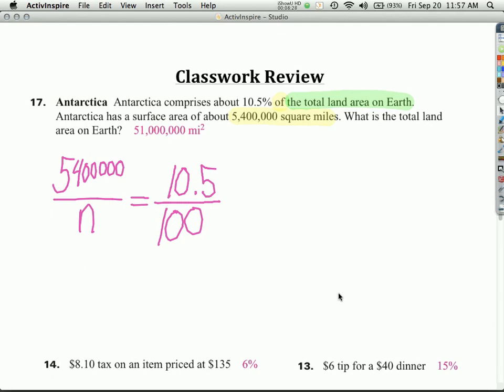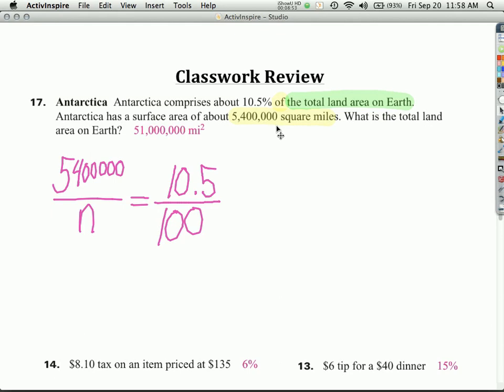So Daniela, did you end up with the right answer? Okay. So, but the answer was 51 million. So your answer, now here's the thing, is if you reread the question and looked at your answer, you would know it didn't make sense because it says Antarctica, which is the smaller piece, has 5,400,000.